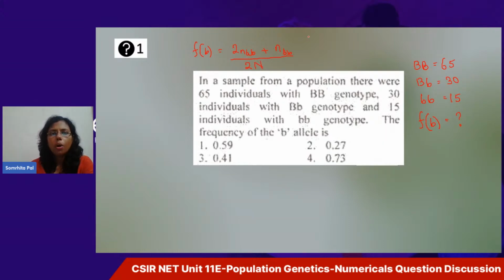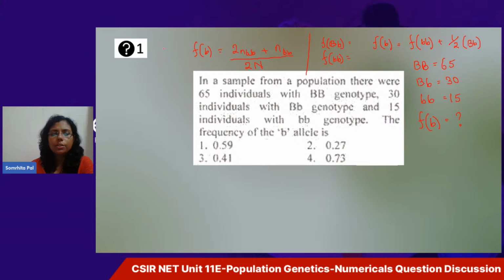Or what else you can do is you can first find out the frequencies of heterozygous b and your homozygous recessive b, and then use the formula frequency of small b is equal to frequency of small b plus half of the frequency of heterozygous.